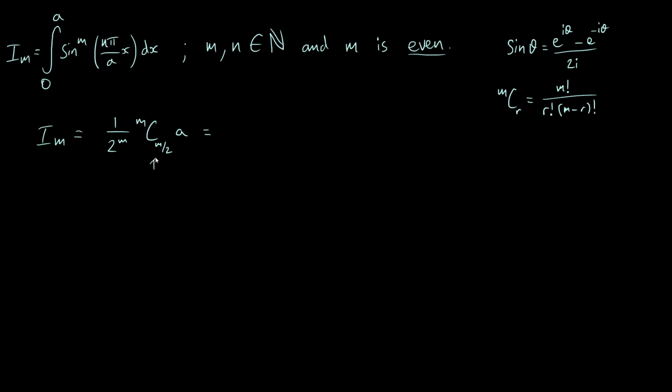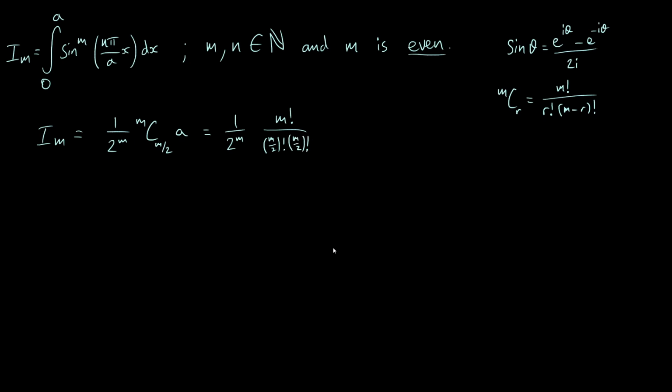So in this binomial coefficient, our r is m/2, but m minus r is m minus m/2, which is also m/2. So we can write this as 1 over 2 to the m times m factorial over (m/2) factorial times (m/2) factorial.